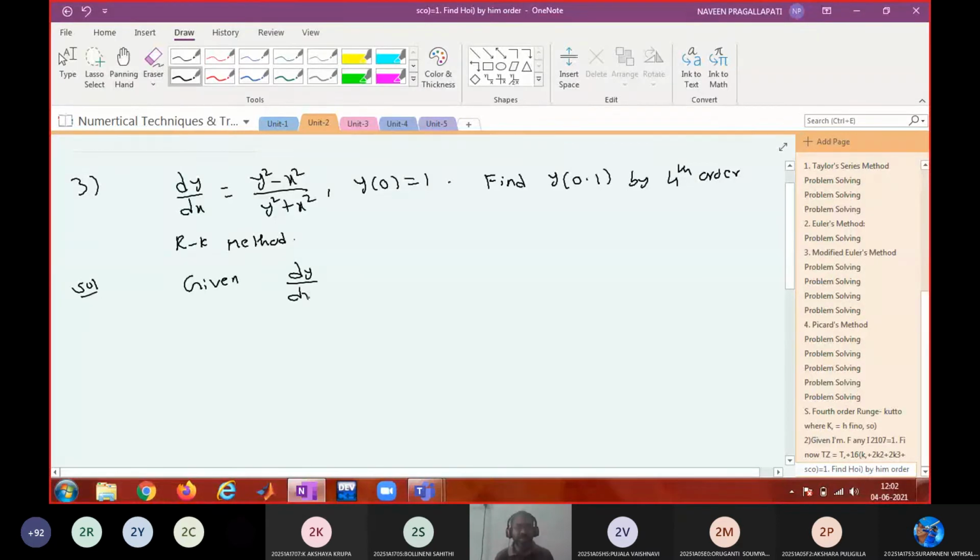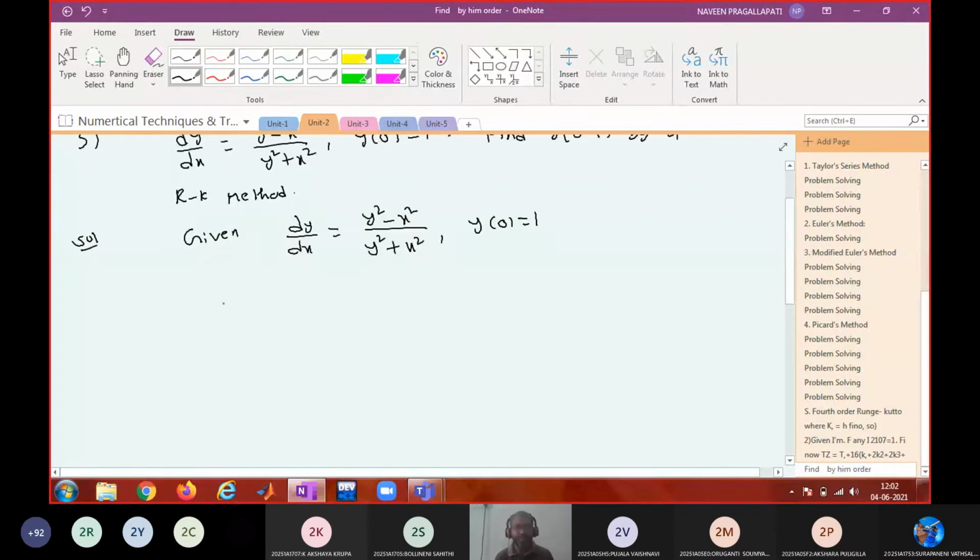So dy by dx is equal to (y square minus x square) by (y square plus x square), y of 0 equals 1. Here f of x comma y is equal to (y square minus x square) by (y square plus x square), with x naught equal to 0, y naught equal to 1.